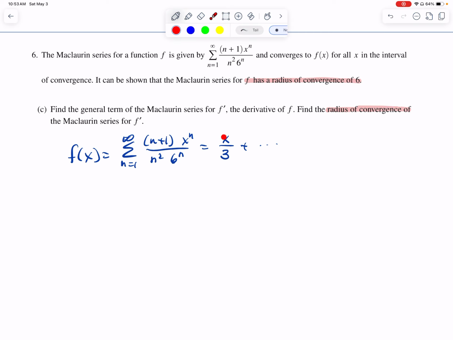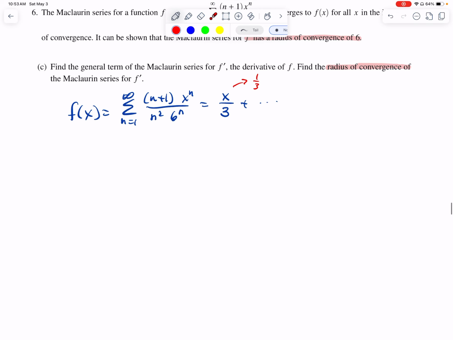Okay, so when I take the derivative of this, the first term is going to be a third, so keep that in mind. That'll help me figure out if this changes or whatnot. Okay, so let's say f prime of x is equal to still a summation. We'll figure out if it starts at 1 or not. But whenever we take its derivative, these n's are not affected.